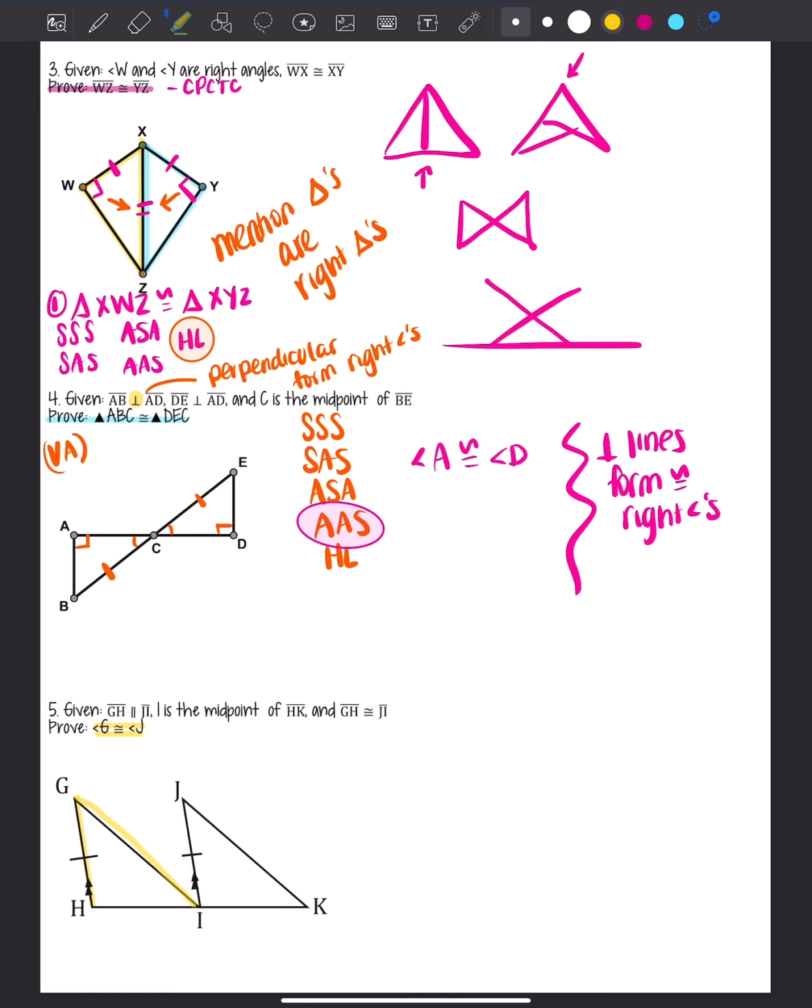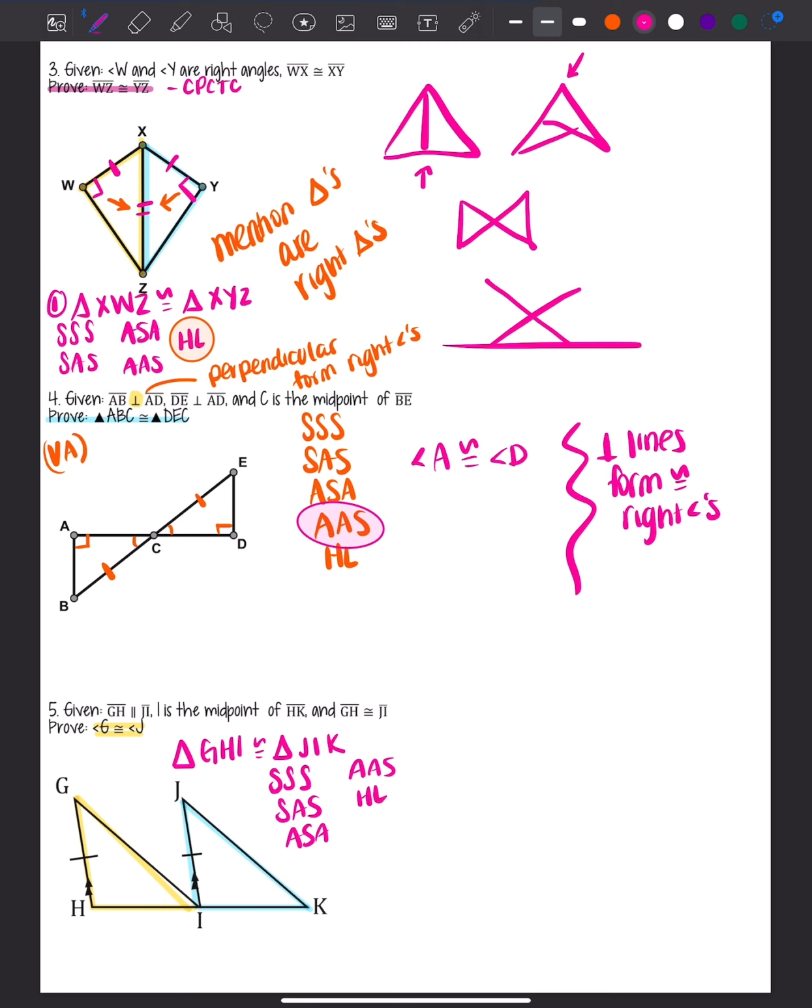Ultimately, I want to get this triangle in yellow congruent to this triangle in blue. And in order to do that, I need to get triangle GHI congruent to triangle JIK. And in order to do that, there are only 5 ways: side, side, side; side, angle, side; angle, side, angle; angle, angle, side; and HL.